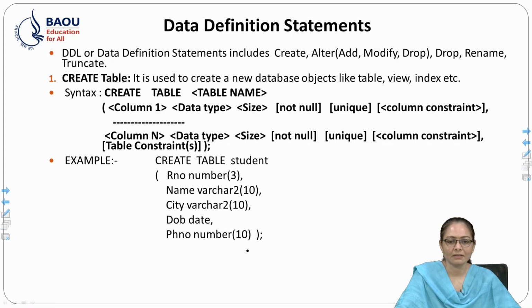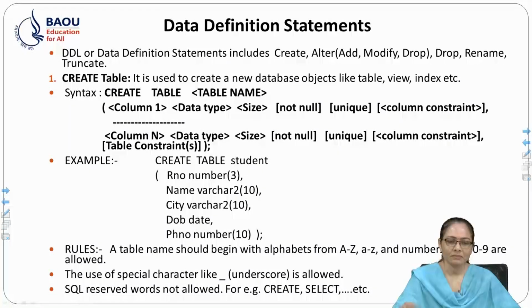After that, the round bracket is closed. Here is the opening bracket and here is the closing bracket. After that, the command is completed, then a semicolon is used. Semicolon is used to show that this command is completed, and then press enter for executing these commands.